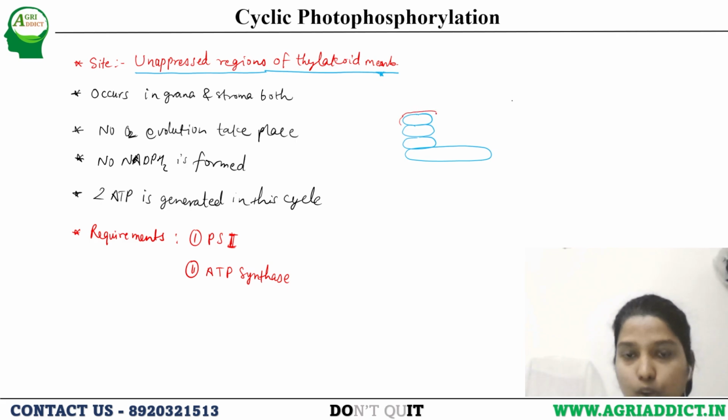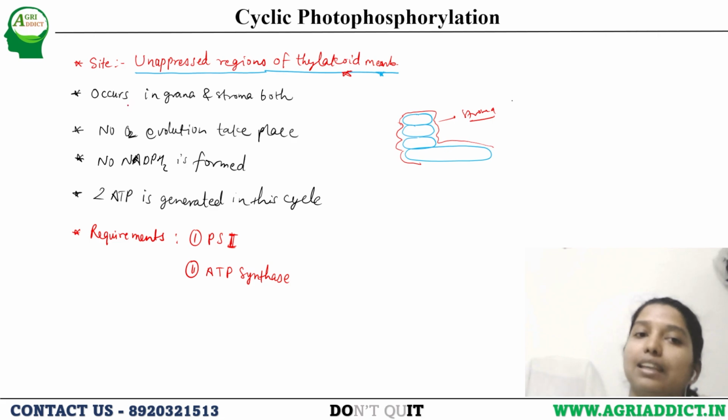This portion, the stroma lamellae portion also, is in direct contact with the stroma. So here it is taking place. Cyclic photophosphorylation takes place in the unappressed region of the thylakoid membrane.